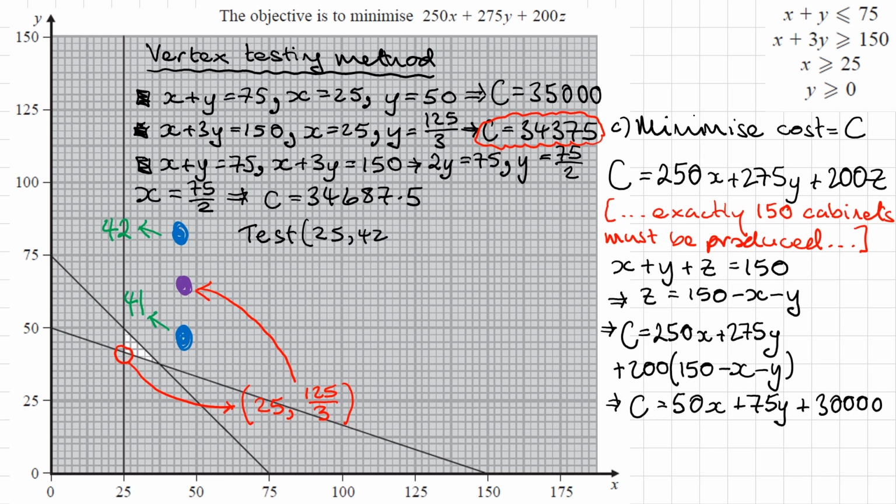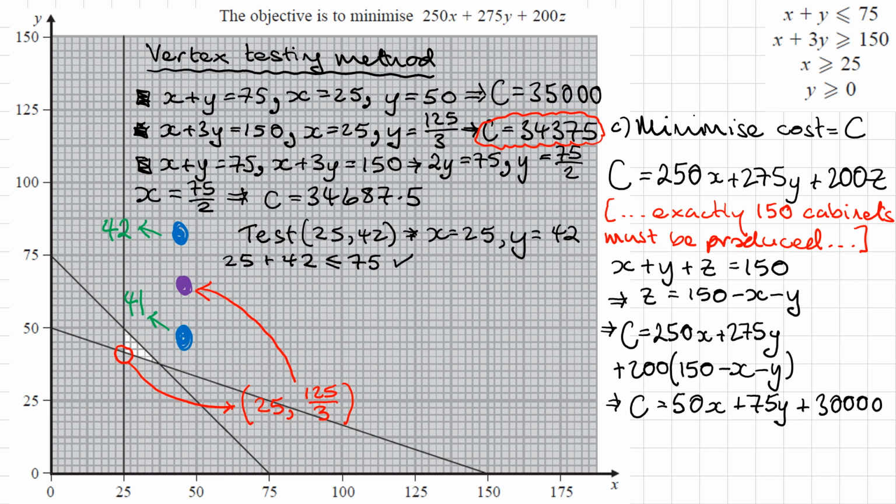So that means that we've got x equal to 25, y equal to 42. So let's go through each of the constraints here. So x plus y less than or equal to 75. So 25 plus 42, is that less than or equal to 75? Yes, because that's only going to be 67.